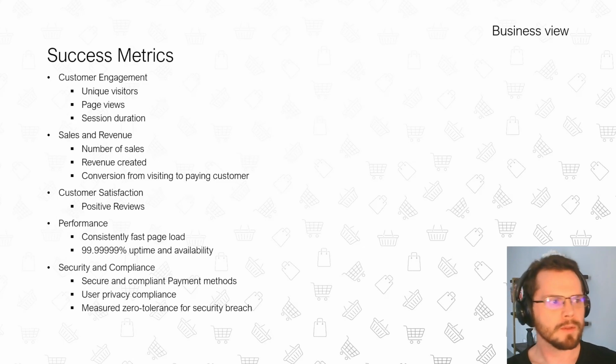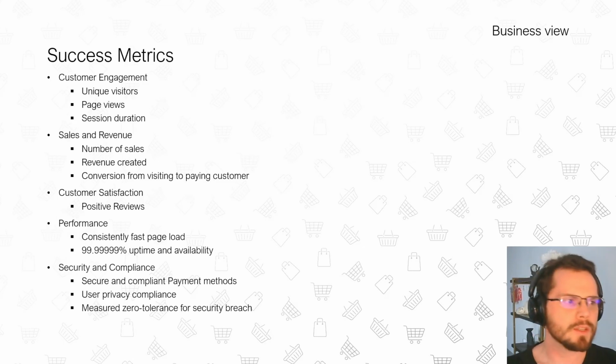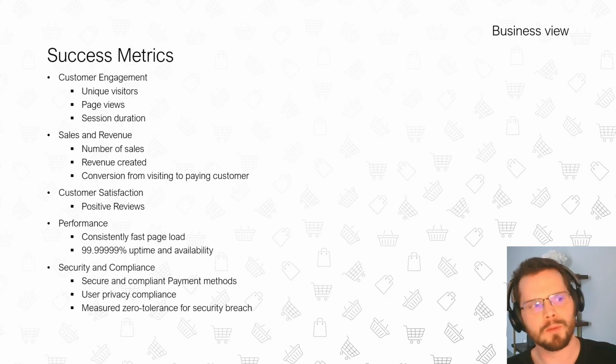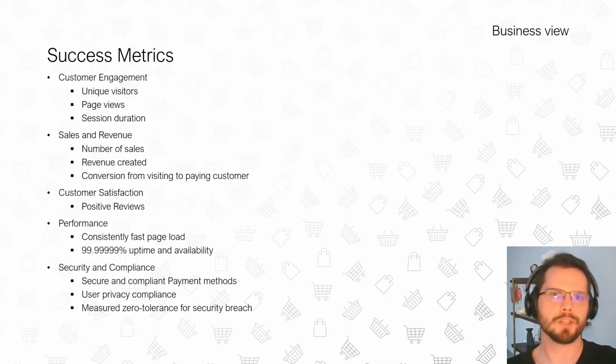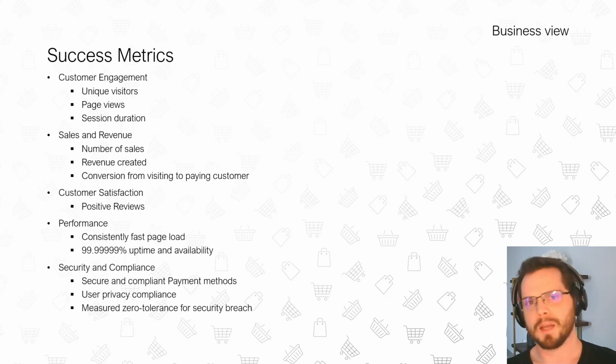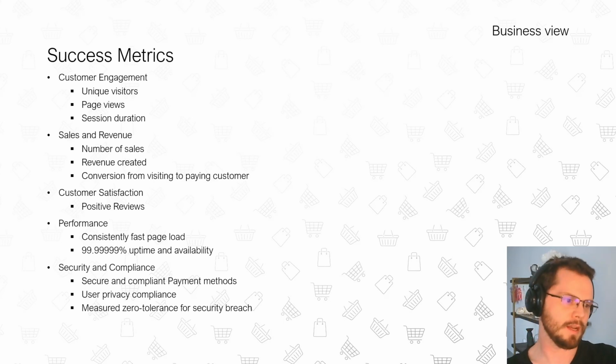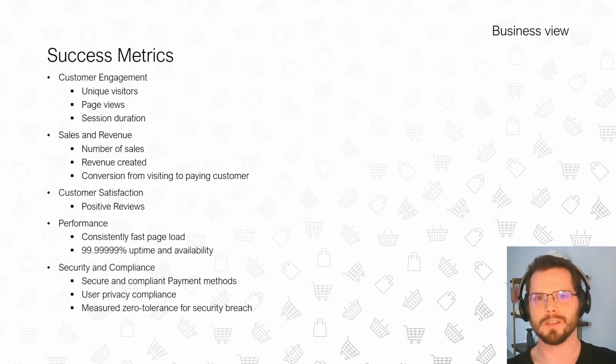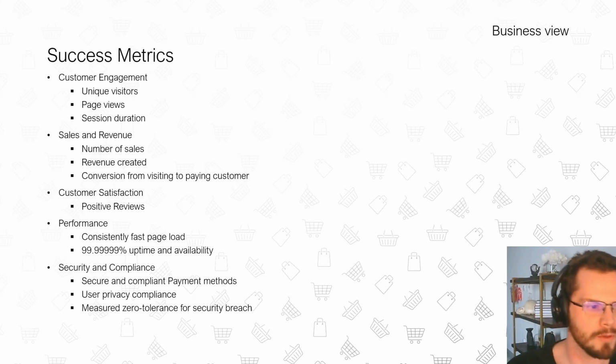Jumping right along, success metrics. What's going to be important is to note that each one of these different metrics is actually a measurable thing. So unique visitors, page views, numbers of sales, positive reviews, okay, uptime and availability. I think 99.999 is a bit unrealistic, but this is just an example, right?